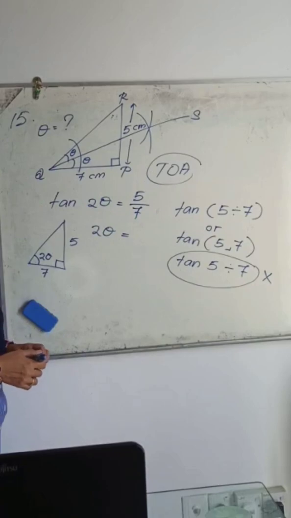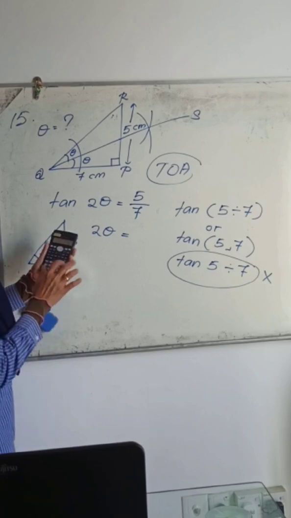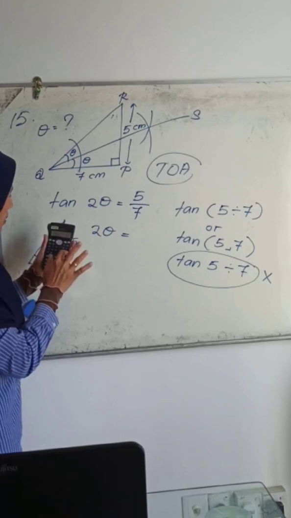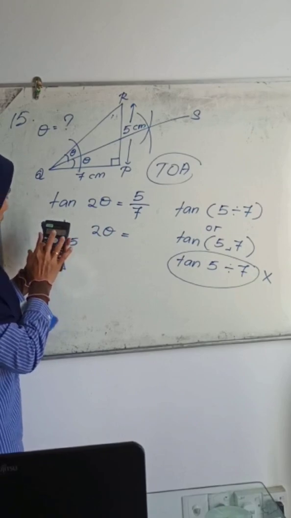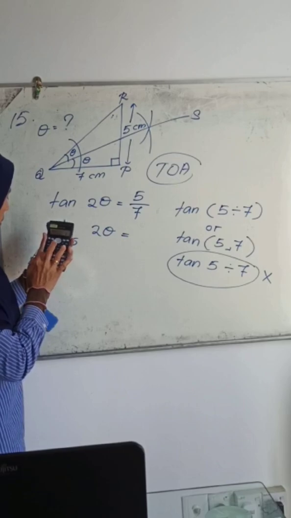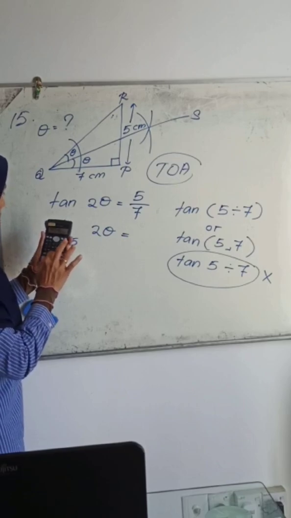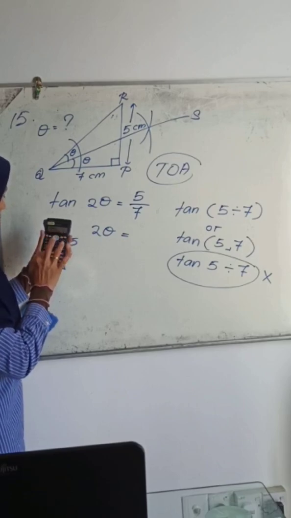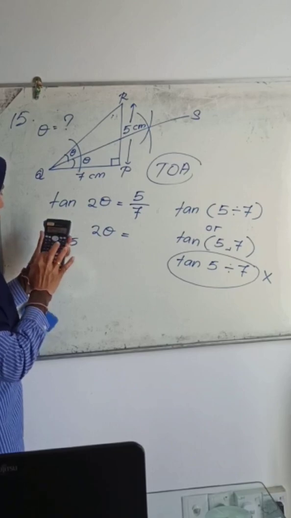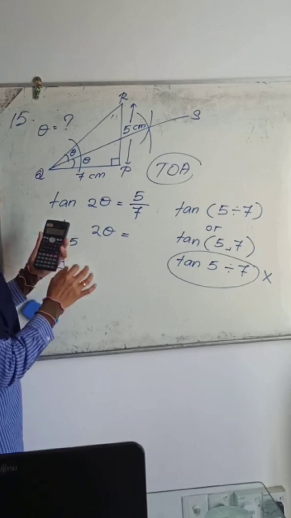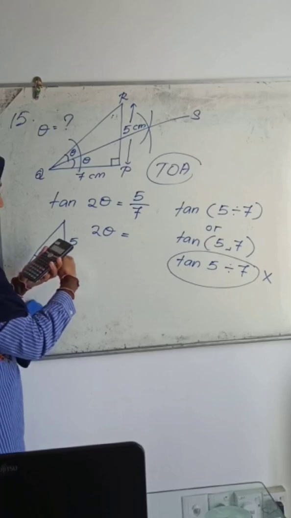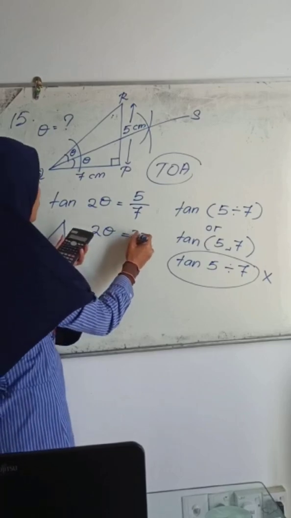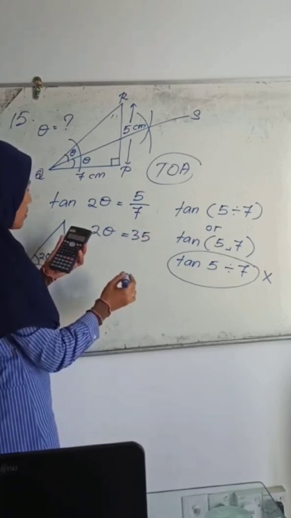So you can get the answer, shift tangent 5 per 7, which is 35.54 to 2 decimal places.